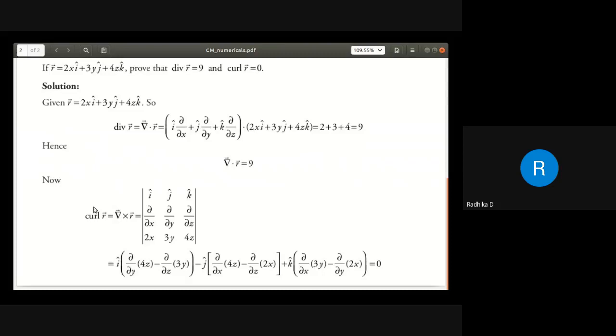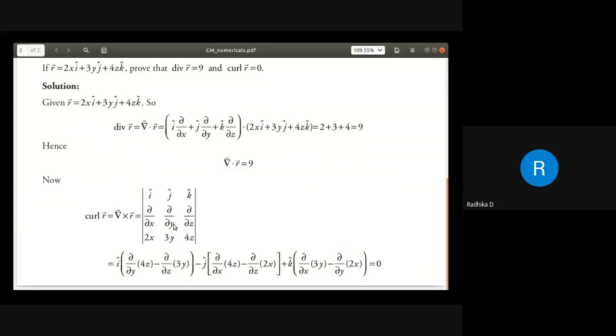Now, for the curl of r, what you have to do is take it in determinant form. You take a determinant with i, j, k as the unit vectors, then you write ∂/∂x, ∂/∂y, ∂/∂z, and then 2x, 3y, 4z. The next step is to solve the determinant. For i, I consider ∂/∂y of 4z minus ∂/∂z of 3y.